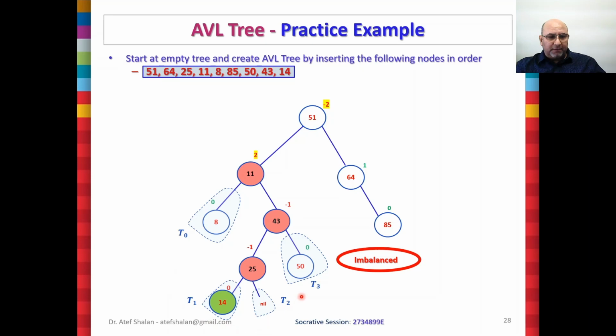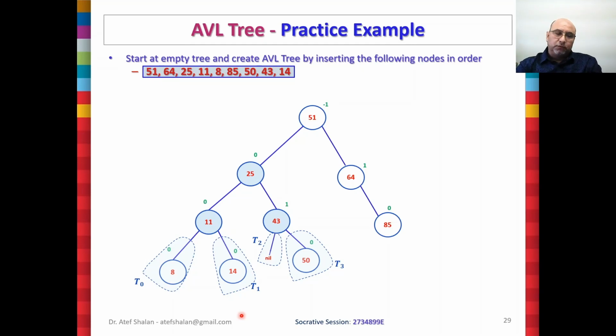After identifying these 4 subtrees, now the job is easy. I just put the 25 up, 11 to the left and 43 to the right, and just reinsert the trees back again in the same order.